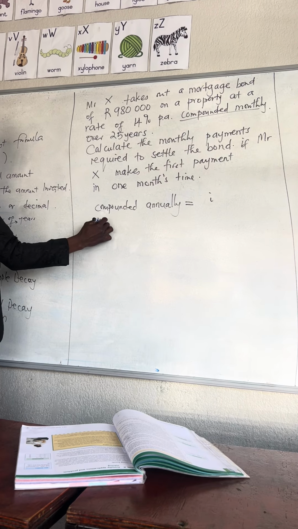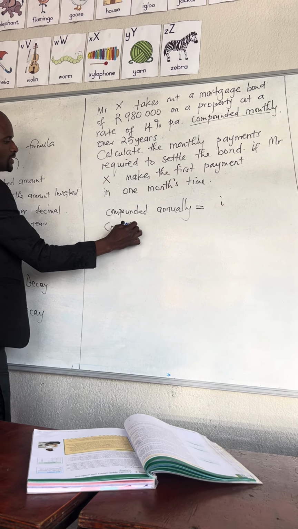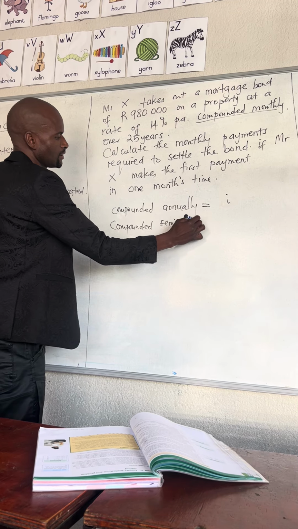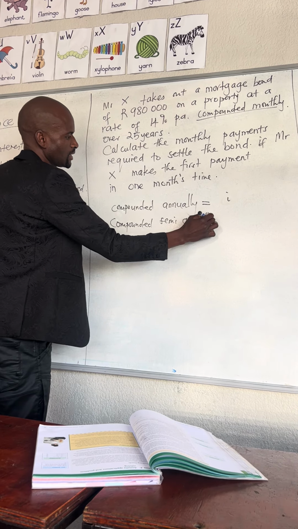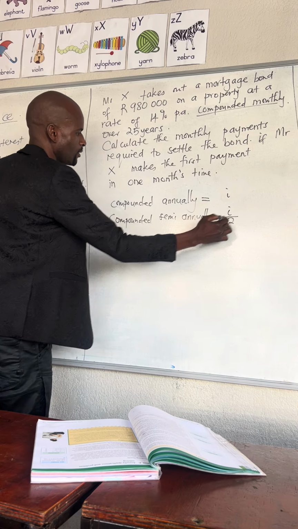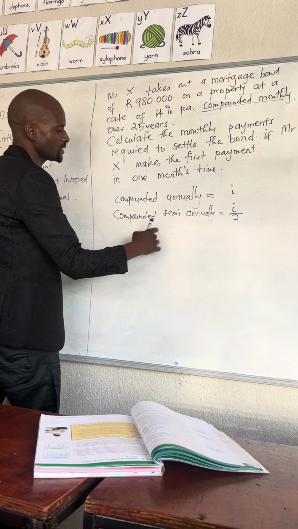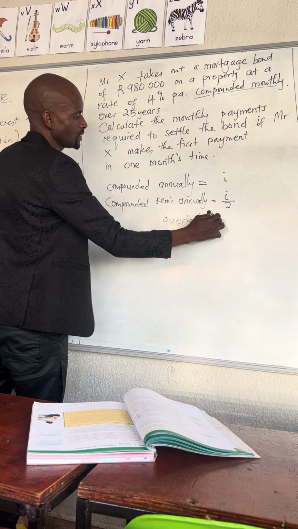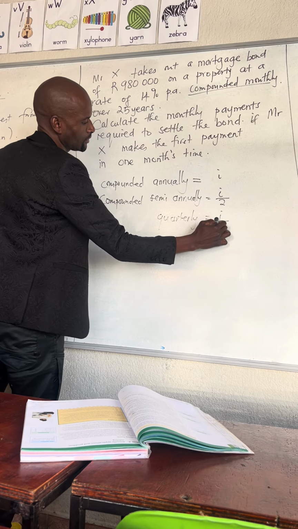When they say compounded semi-annually, you say i over 2. When they say compounded quarterly, you say i over 4.